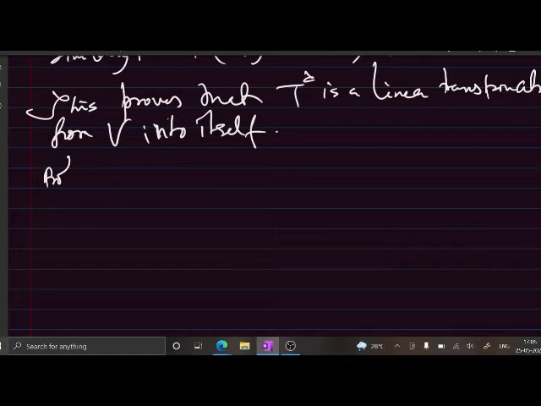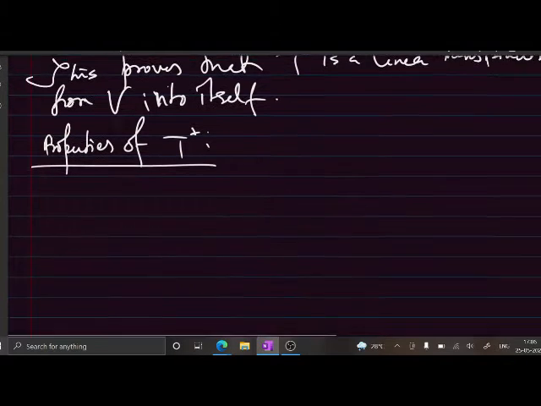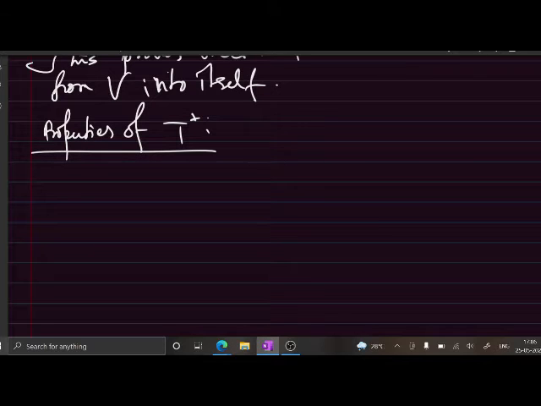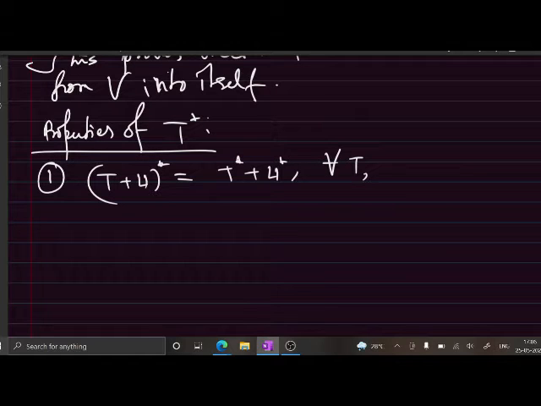Now properties of T star. Suppose, number one, T plus U star is T star plus U star, if you take any two linear maps from Hom(V, V), the set of all linear transformations from V into itself.